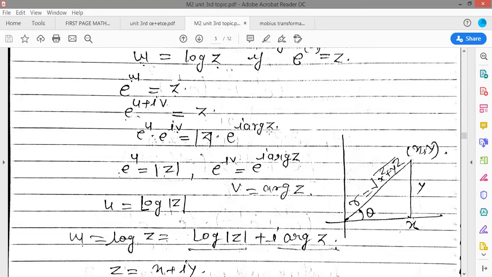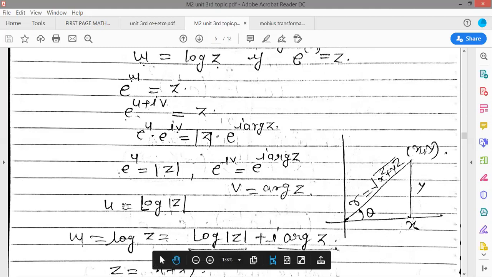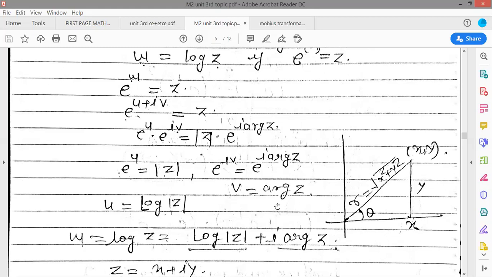Argument means theta. Just comparing on both sides, e to the power u is equal to mod z, and e to the power iv is equal to e to the power i argument. So you will get u is equal to log mod z and v is equal to argument of z.